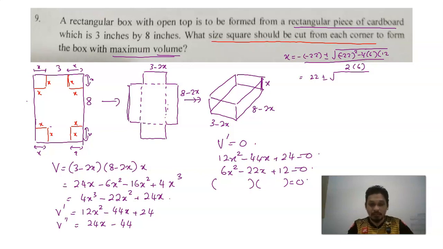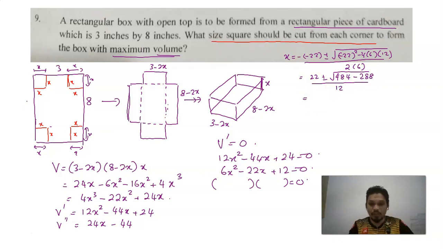But then here now, 22 squared, 484 minus 4 times 6 is 24 times 12, 288, and divide by 12.